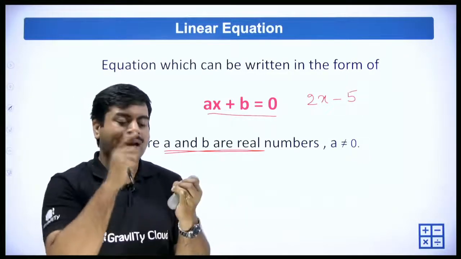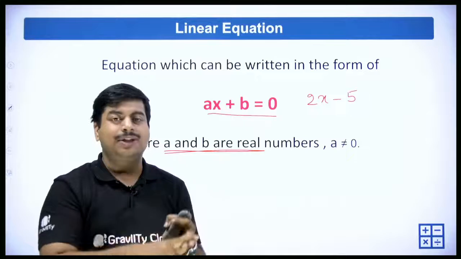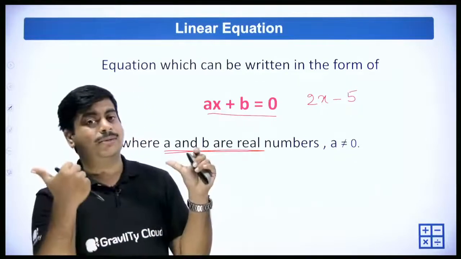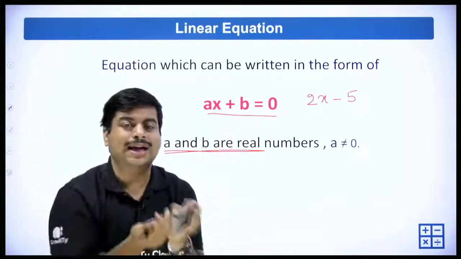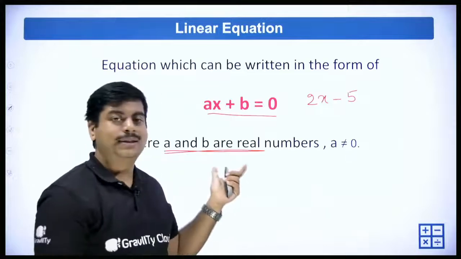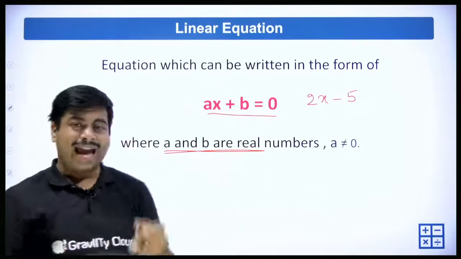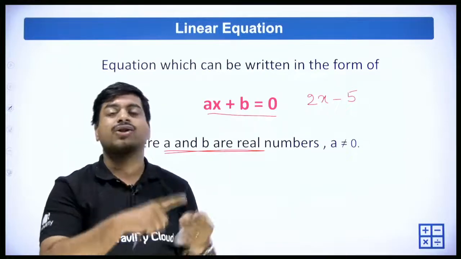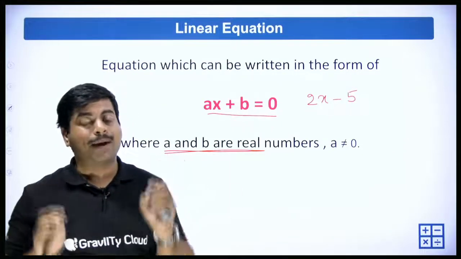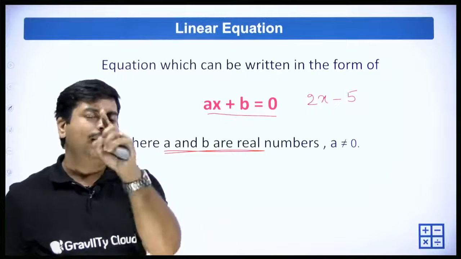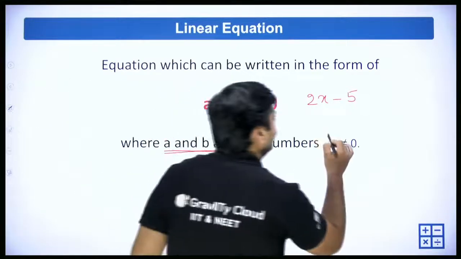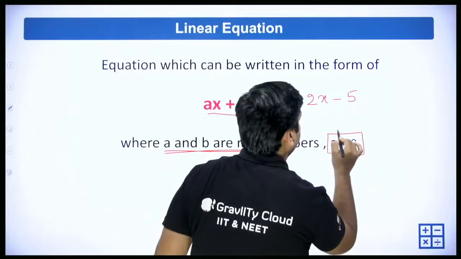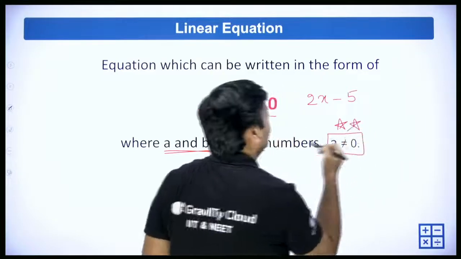Natural, whole numbers, integers, rational numbers, and irrational numbers, all these clubbed together are called real numbers. So a and b can be natural, whole, integers, rational or irrational, whatever it is, but the only condition is the value of a should not be equal to 0.